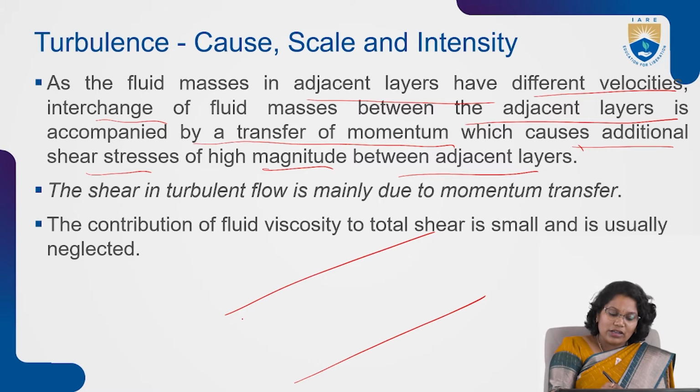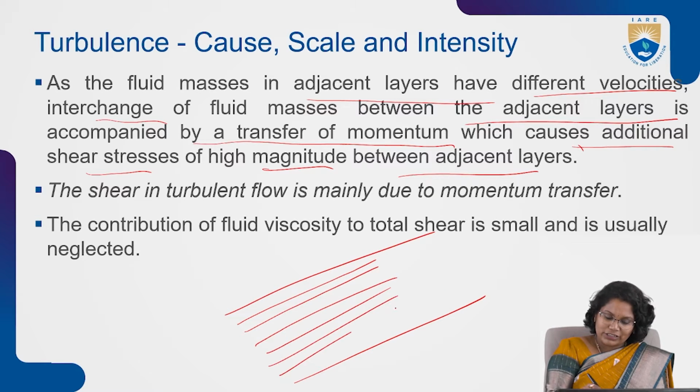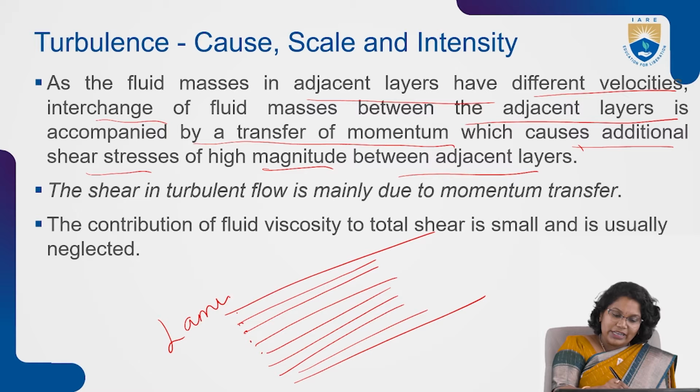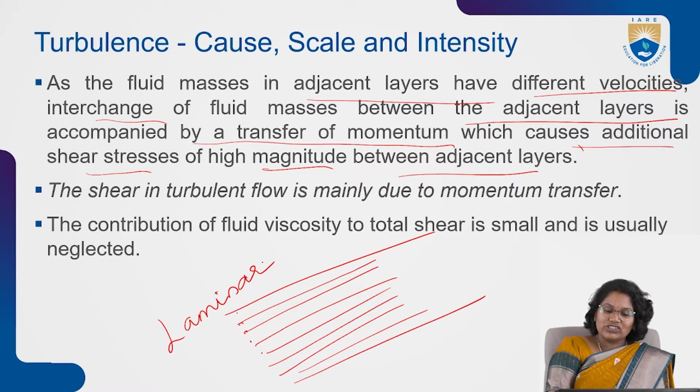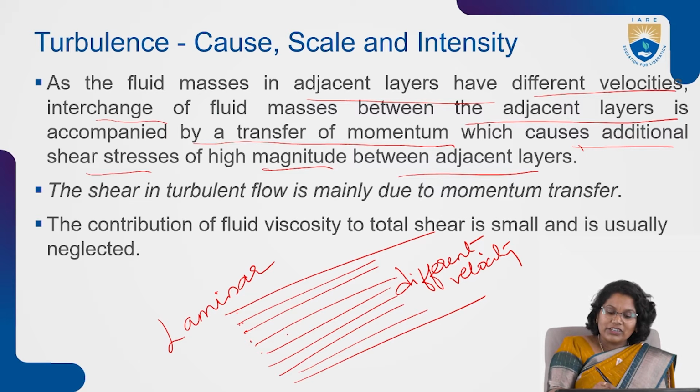The particles which move in their own paths without disturbing the adjacent particles in parallel paths, that is laminar flow. If the particles interchange because of the change in velocities, the fluid masses interchange their positions.